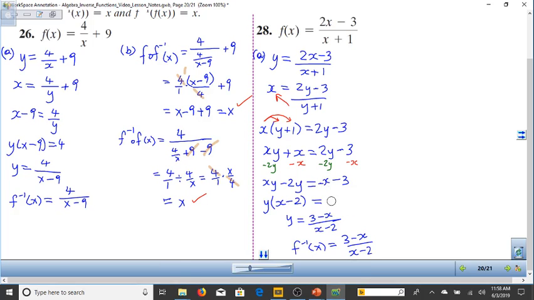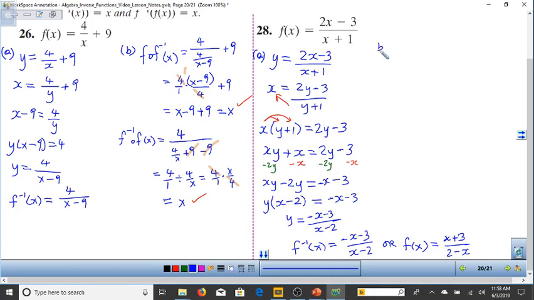And then that means my result is now going to be negative x minus 3 over x minus 2, which can be written as, if I multiply the numerator and denominator by -1, x plus 3 over 2 minus x. Either one would be fine.